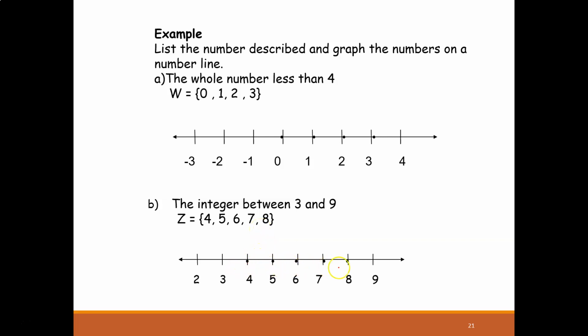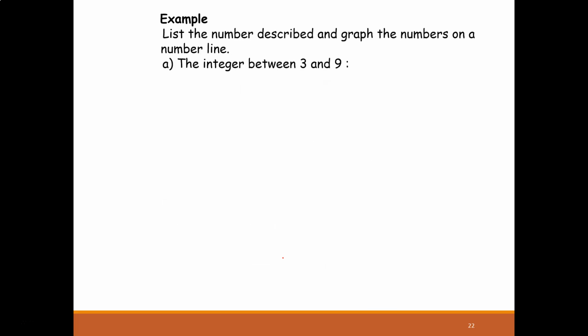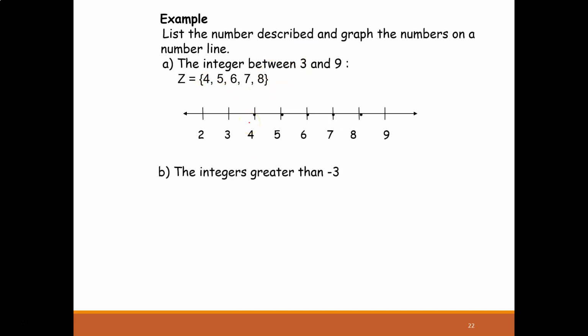You just dot it, okay? Also list the numbers, describe on the number line the integers between 3 and 9. Di antara 3 dan 9, so we have this one.